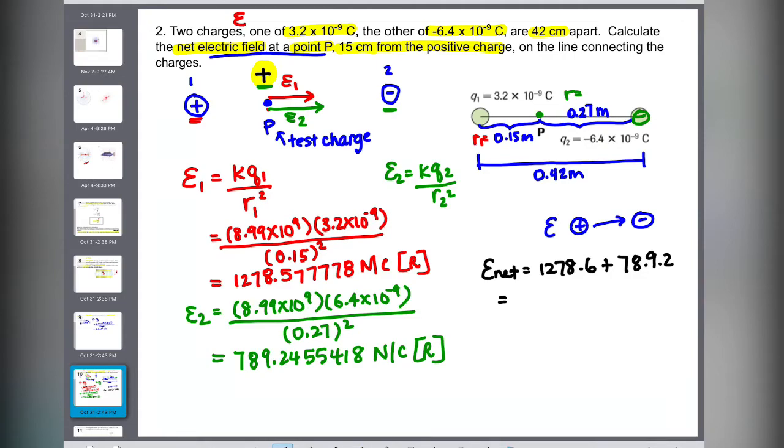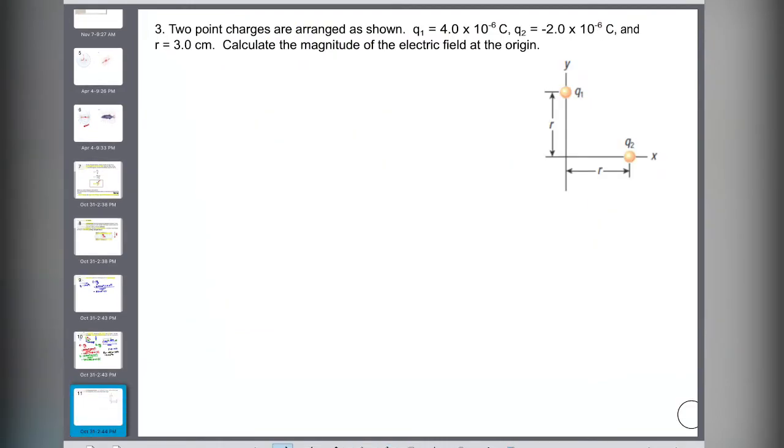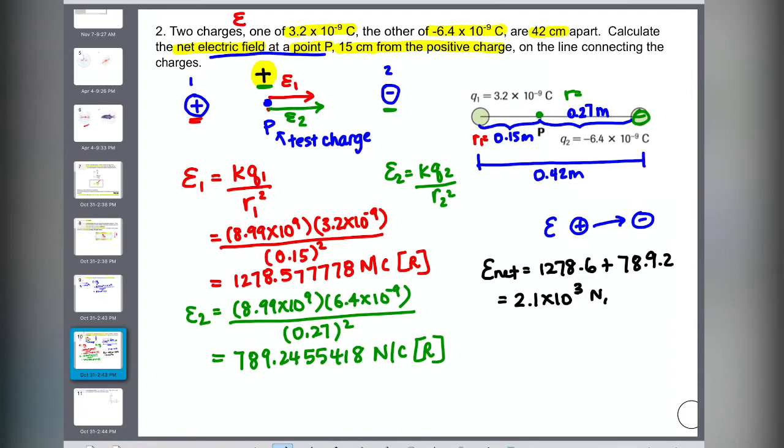Okay, so I got all together, with two significant digits, 2.1 times 10 to the 3 newtons per coulomb to the right. Okay, make sure you have your direction here.